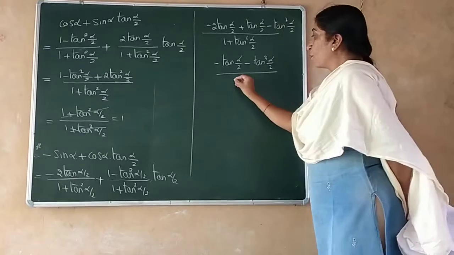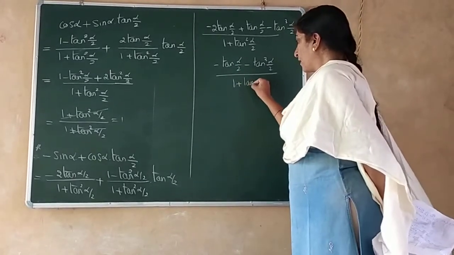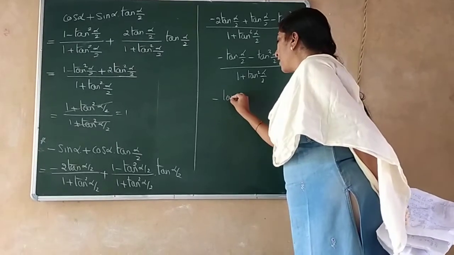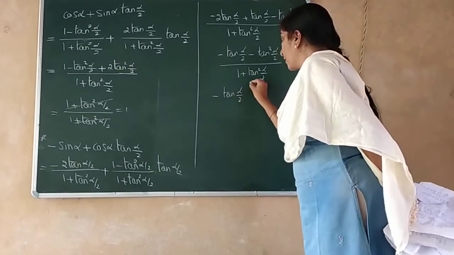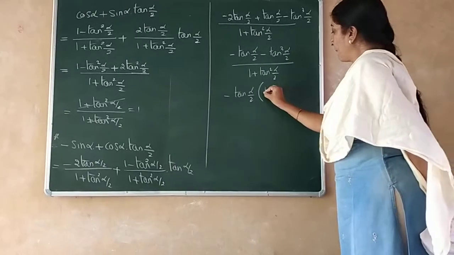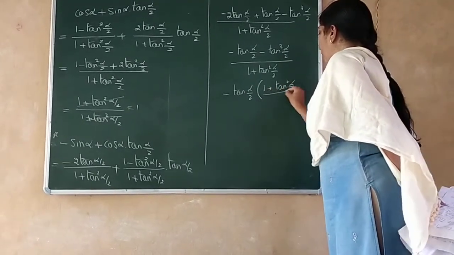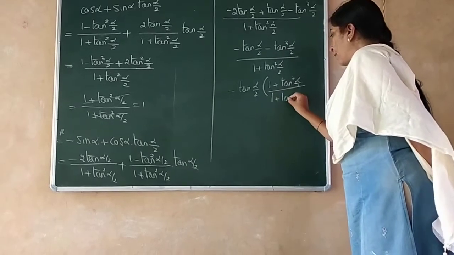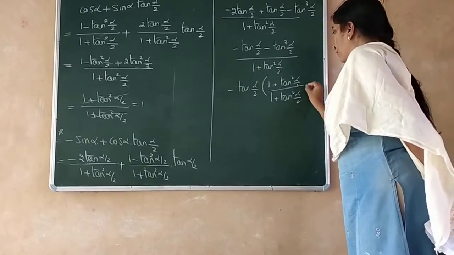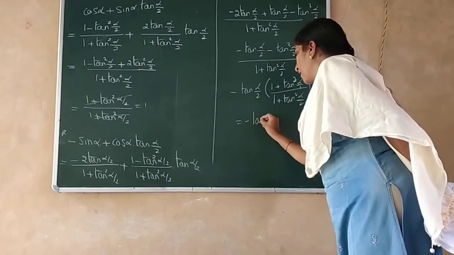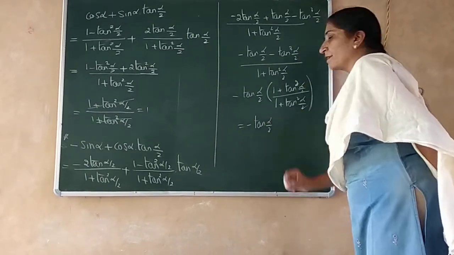Denominator is 1 plus tan square alpha by 2. So take minus tan alpha by 2 common in the bracket, 1 plus tan square alpha by 2 upon 1 plus tan square alpha by 2. Understood? They get cancelled. So what is remaining? Minus tan alpha by 2 is remaining.